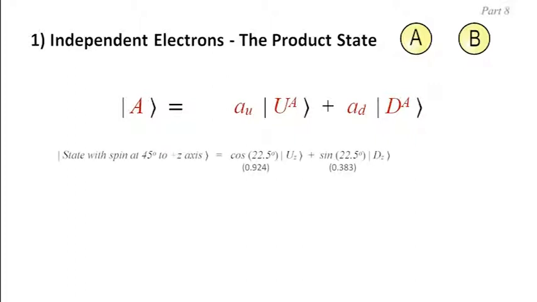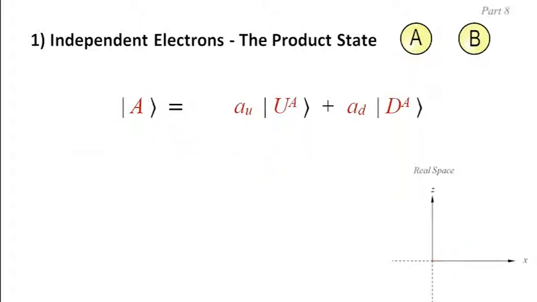For example, and this should take you back to an earlier video, if AU is 0.924, which is cos 45/2, and AD is 0.383, which is sine 45/2, then the spin of the electron in this state A will point at 45 degrees to the z-axis in the xz plane. On the other hand, if AU and AD were each equal to 1/√2, or 0.707, then this would be the state for an electron pointing in the positive x direction to the right.